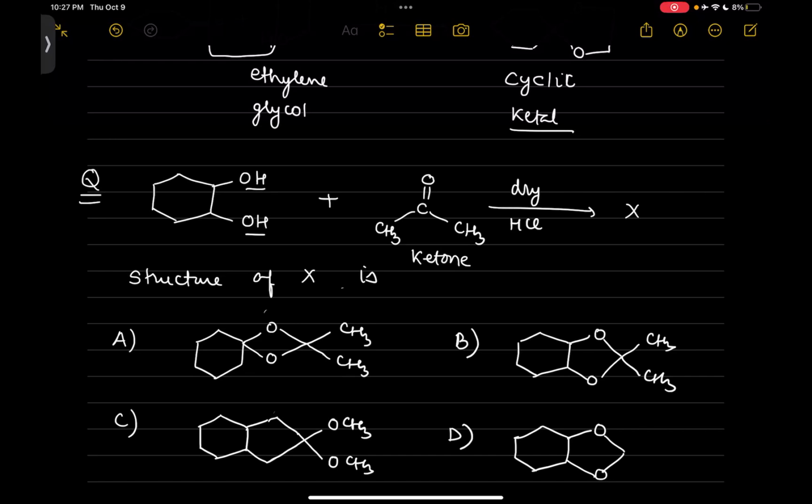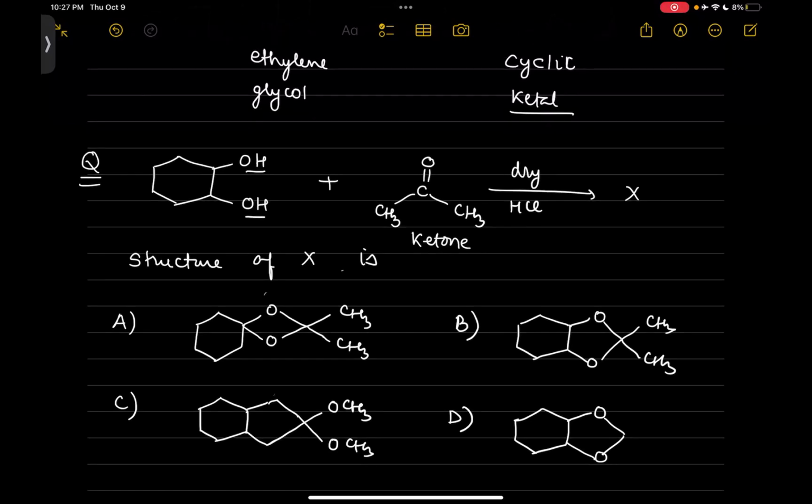So tell me which ketal we are going to form. Sir, is it option B? Yes, absolutely correct. Option B. Because you can put them side by side, okay, and remove water like this.